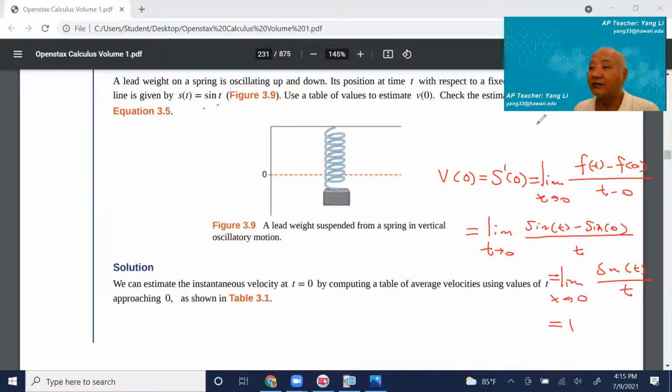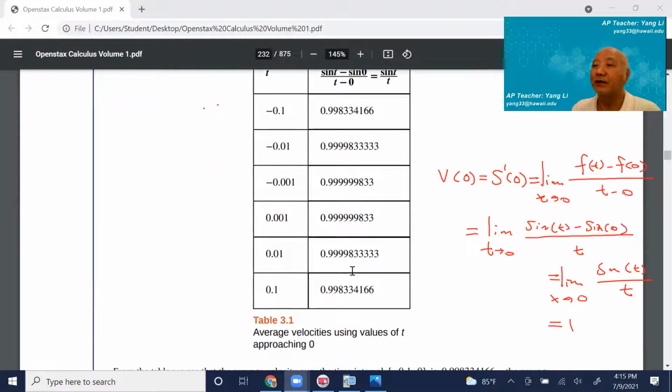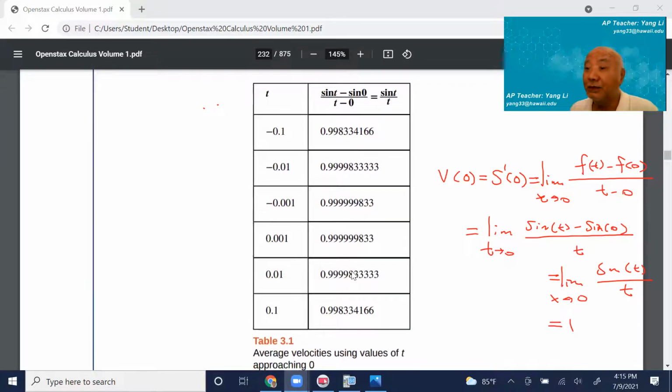But how do you get that? We can illustrate this by using a table, as I showed you, using the TI-84. You see here, this is 0. We can easily get the table at each individual time, t equals negative 0.1, negative 0.01, like that, and all the function values. Then we just observe that from here to here to here it gets closer and closer to 1, and from the other side also closer to 1.